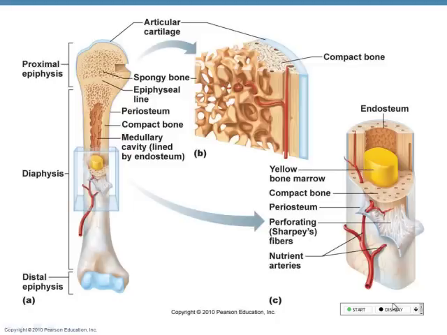So 2 cavities, the medullary cavity in the diaphysis, kind of in the middle, with yellow bone marrow, and then the spongy bone at the epiphysis of long bones with red bone marrow. Bone is continuously growing. And do you know what causes bone to regenerate?